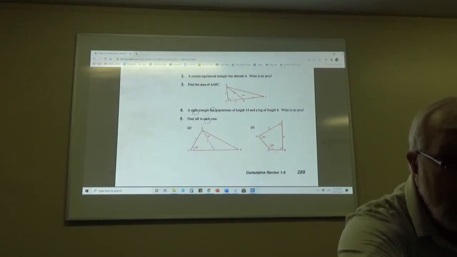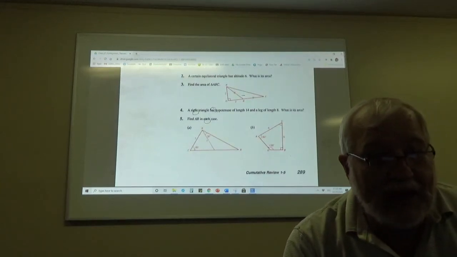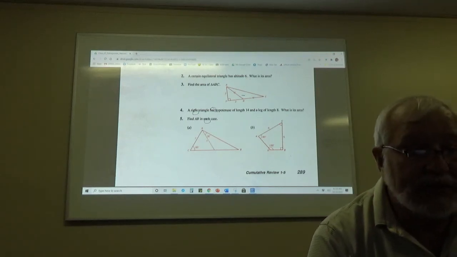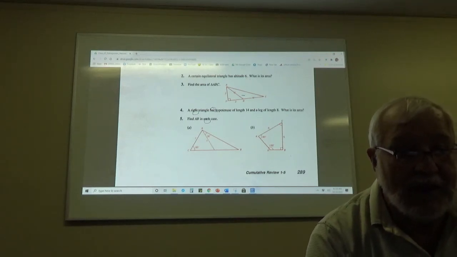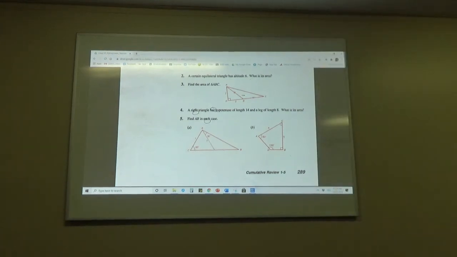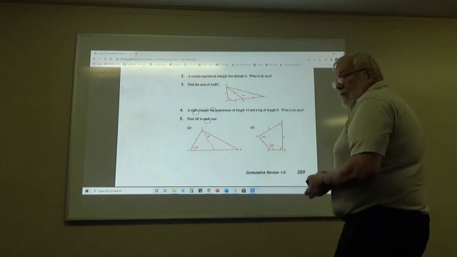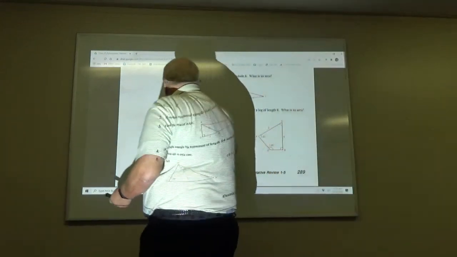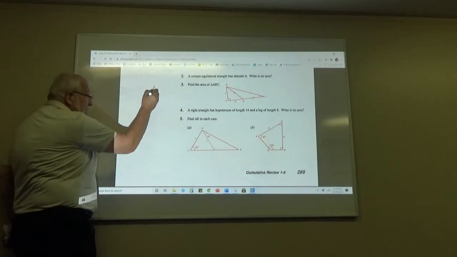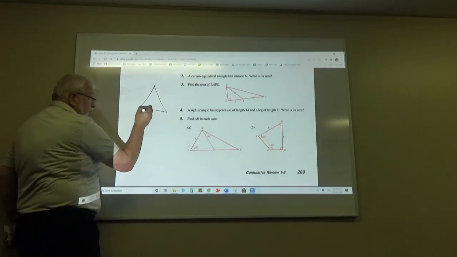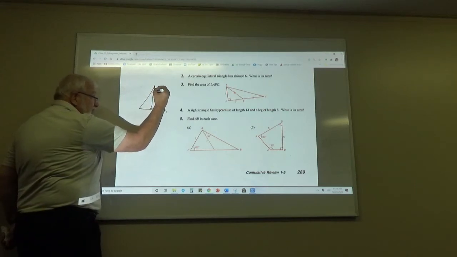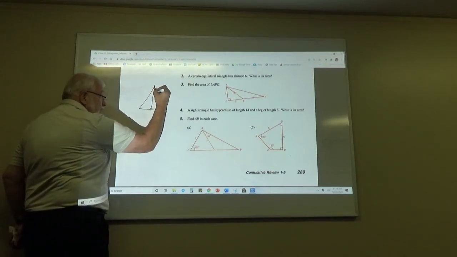All right, now, a certain equilateral triangle has an altitude of 6. Okay, if the altitude is 6, then this is where you have to do the equilateral triangle in reverse. If you have an equilateral triangle, this altitude makes this here 30 degrees.